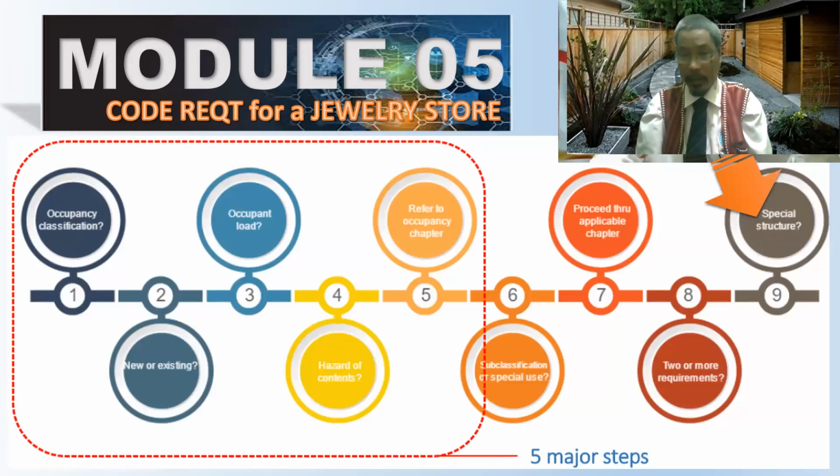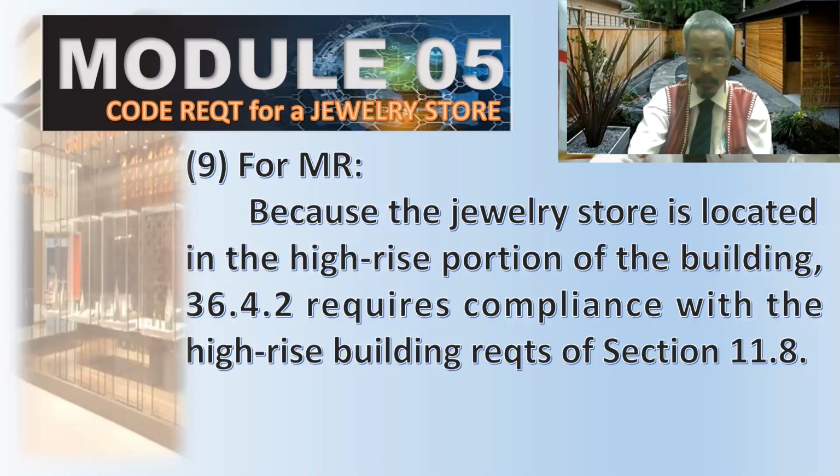And therefore, last step, which is step 9, special structure. It's our own special structure. So this is because the jewelry store is located in high-rise portion of the building. By 36.4.2 requires compliance with the high-rise building requirement.